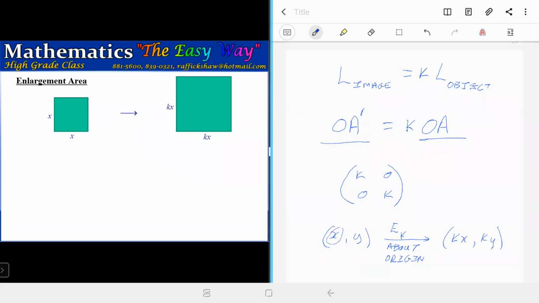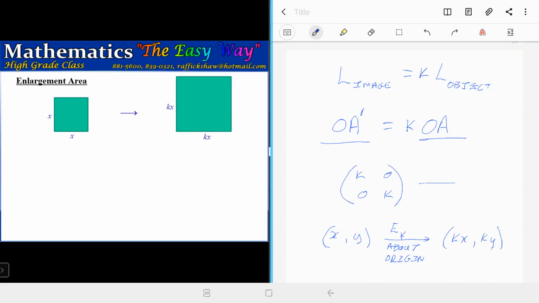You simply multiply these values by the k value. If the scale factor is 2, then you multiply these values by 2. If the scale factor is a half, you multiply these values by a half to get that one. Easy. If you remember those things, these questions are easy.